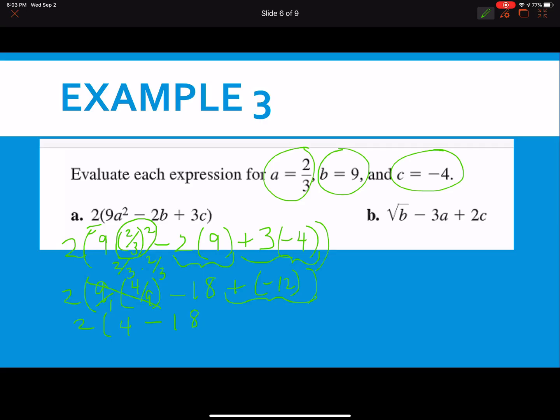Over here, I'm going to write that as -12 because adding a negative number is the same thing as subtracting with integers. Now I can go from left to right. 4 subtract 18 is -14, and -14 subtract 12 is -26. And I bring that 2 down, and 2 multiplied by -26 is going to give me a -52 as my answer.